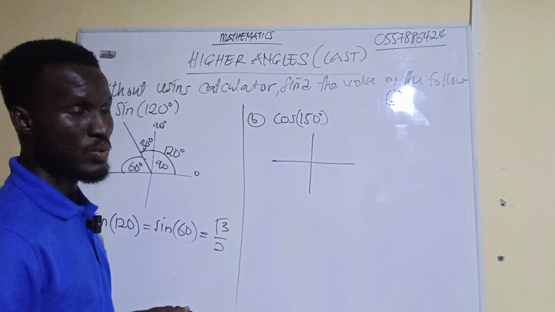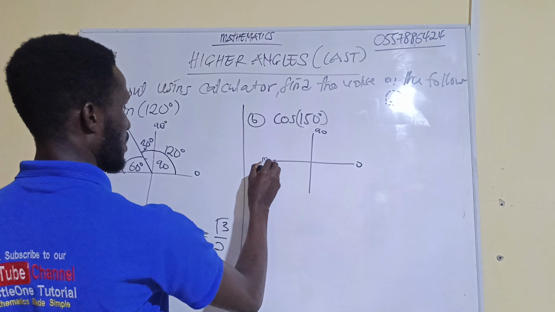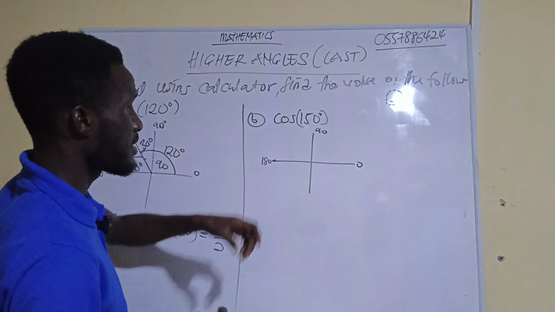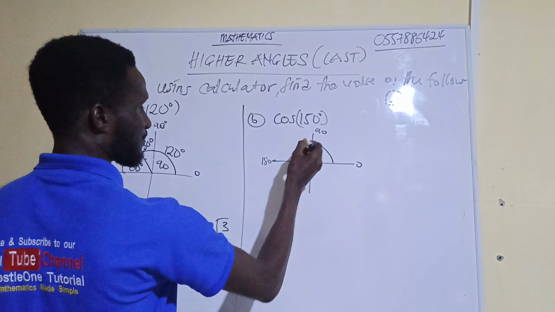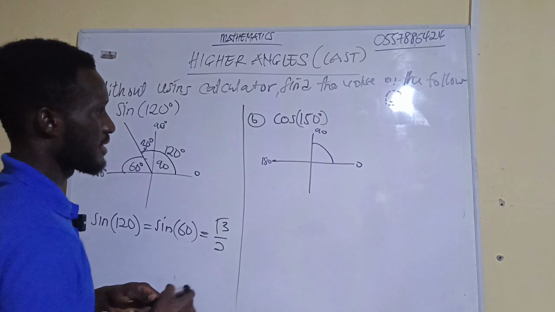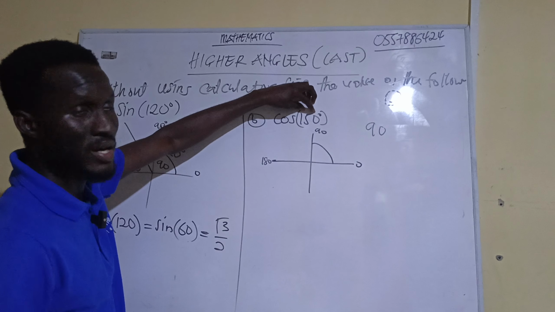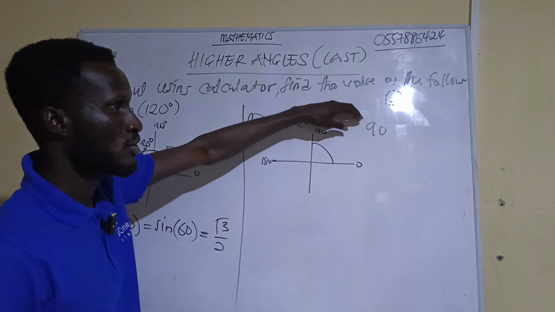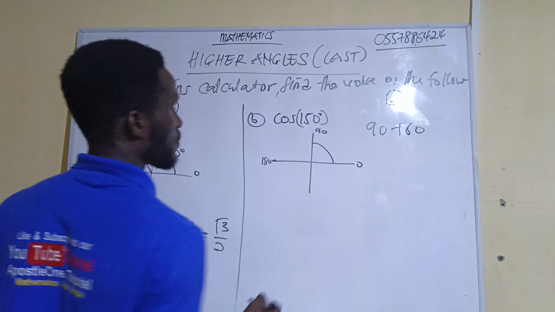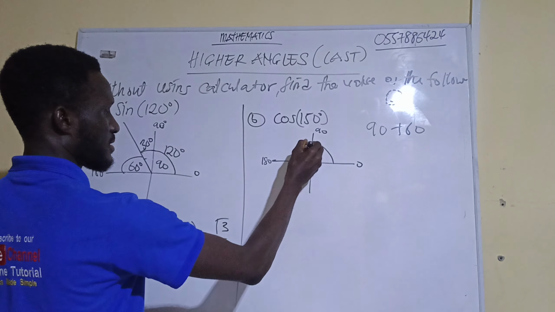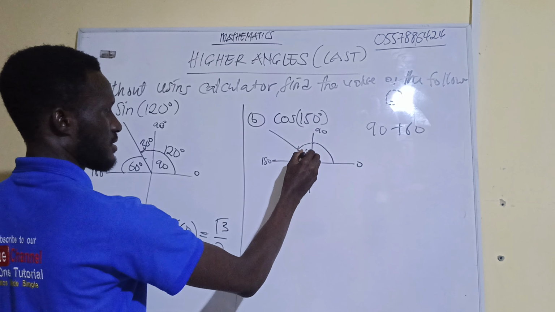So let's see. Let's read 150. Don't forget, here is 0, here is 90, here is 180. So 150 degrees will be in the second quadrant. From here to here is 90. We need 60 to add up to 90 before we can get 150. So plus 60. Let's say from here to here is 60.